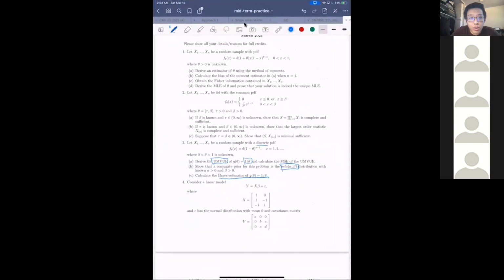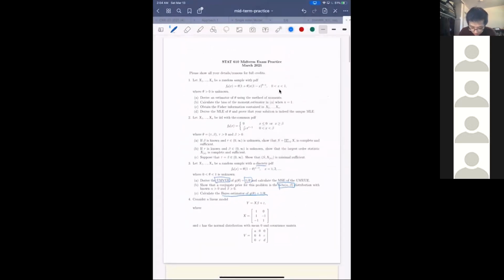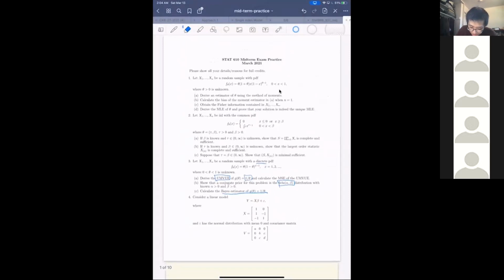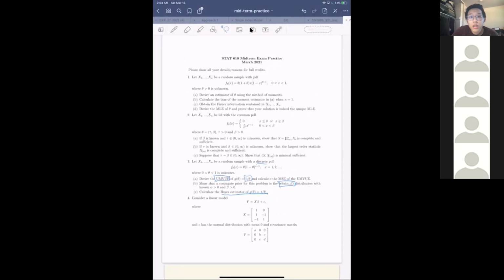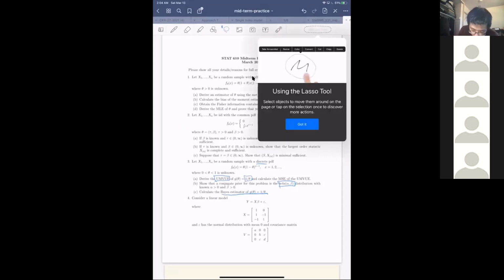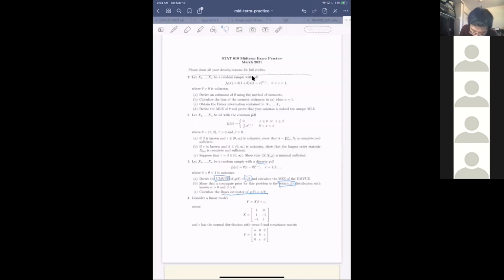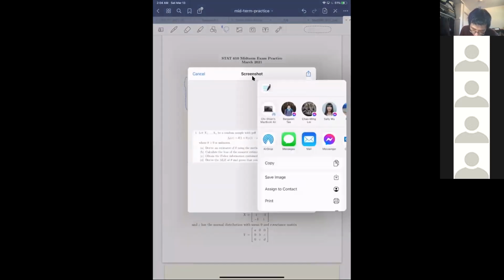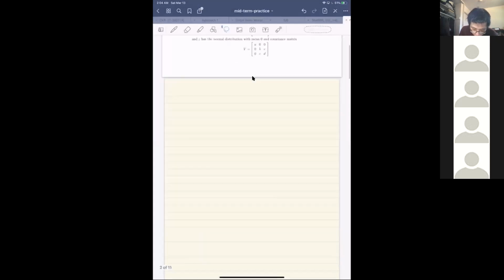If you don't have any questions, I will start going through it. The first one is about the method of moments and the MLE.